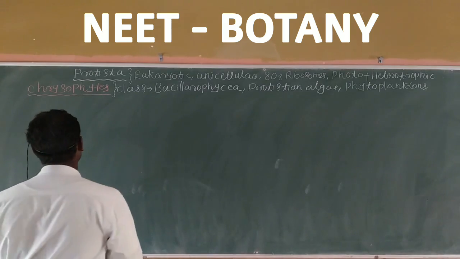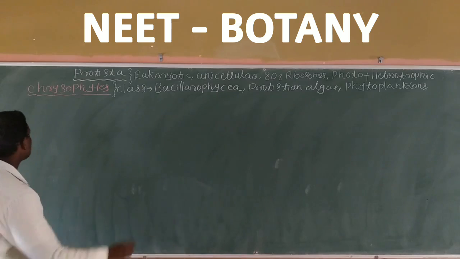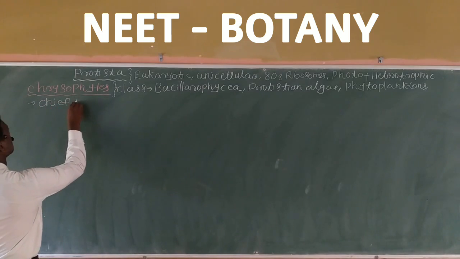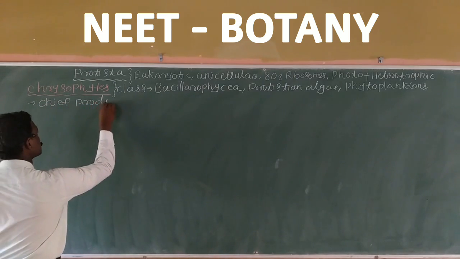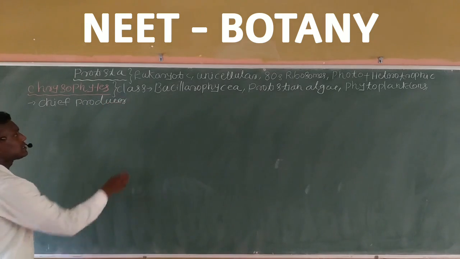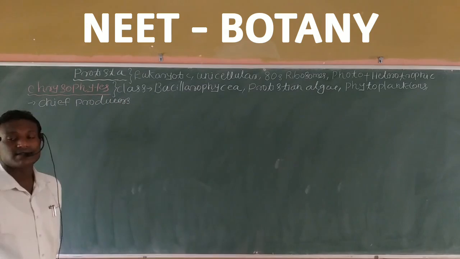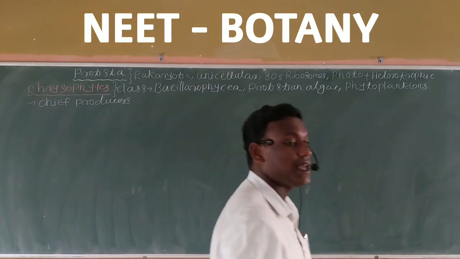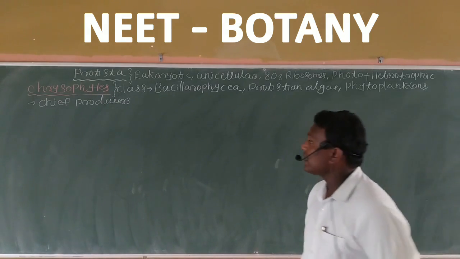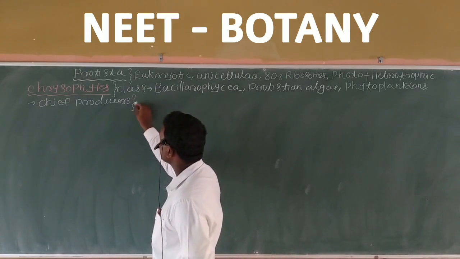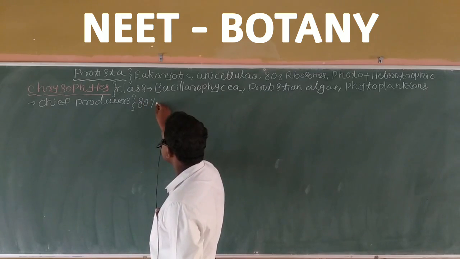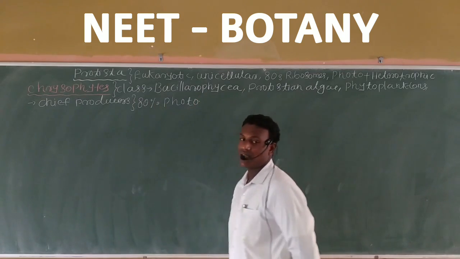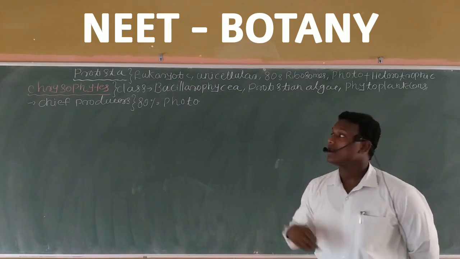The first point, in the case of Chrysophytes, you can note that these organisms are considered as what? Chief producers. These organisms, Chrysophytes, are considered chief producers of the ocean. Within the ocean, nearly 80% of photosynthesis is carried out by whom?